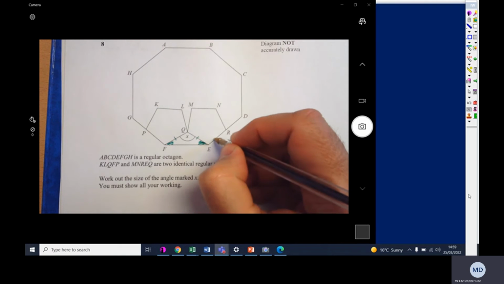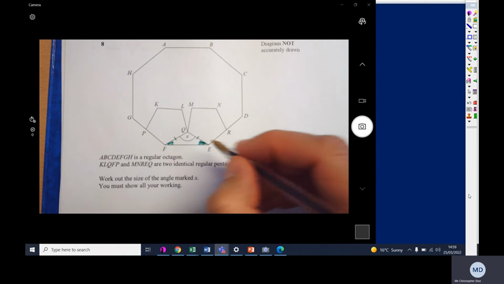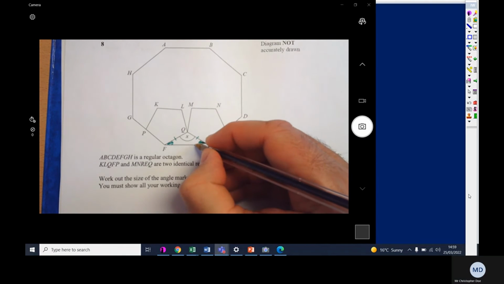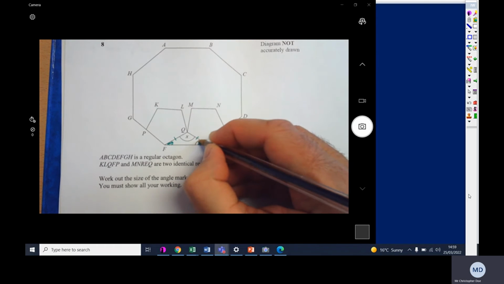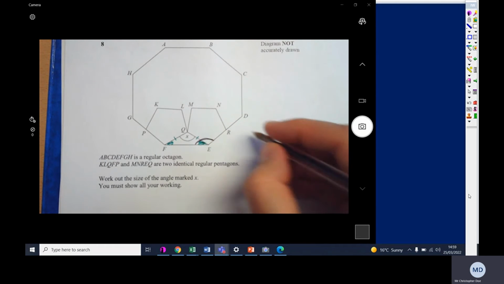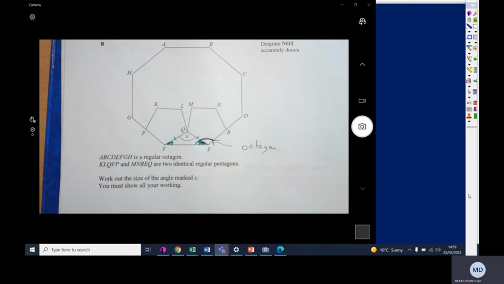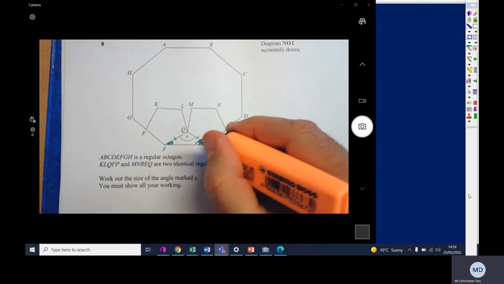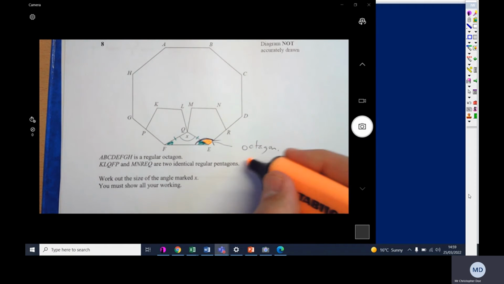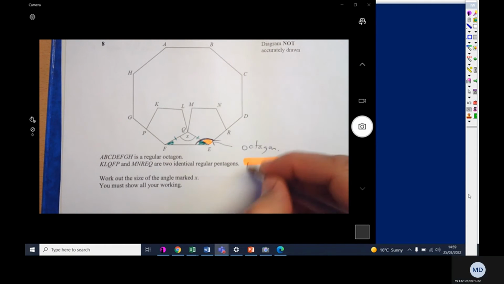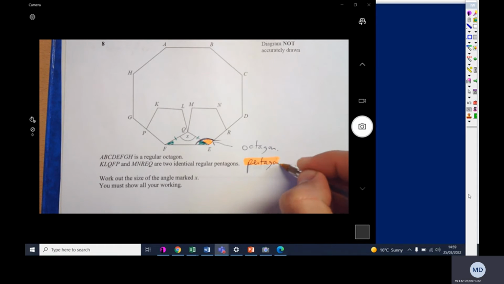To start with, this black angle is the angle inside the octagon, and this orange angle is the angle inside the pentagon. So we're going to need those two angles.